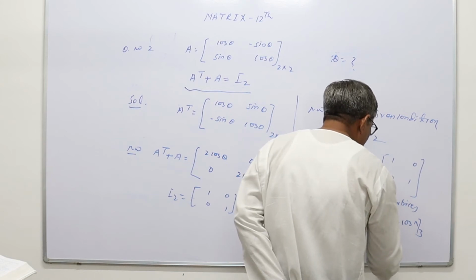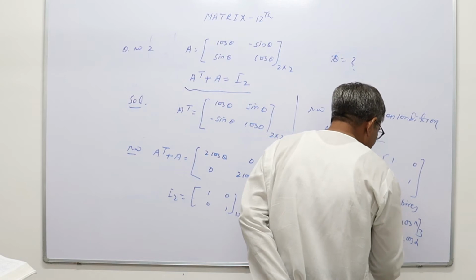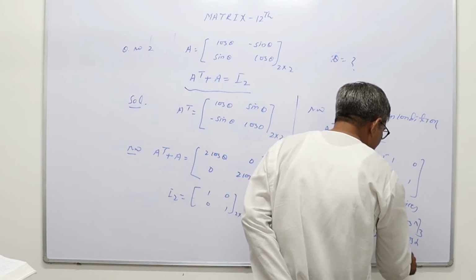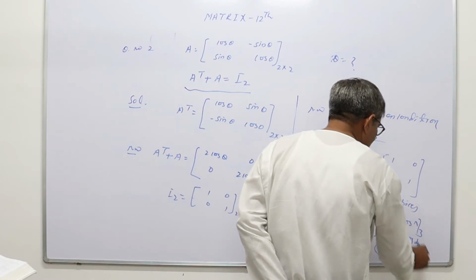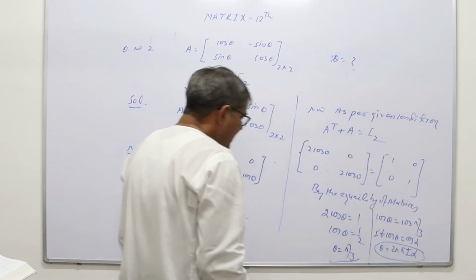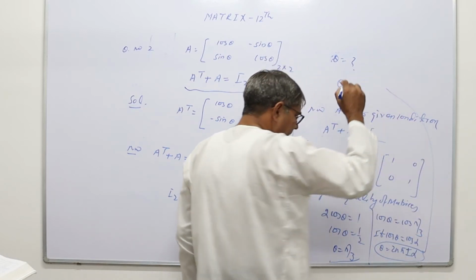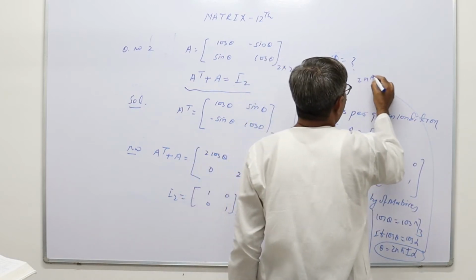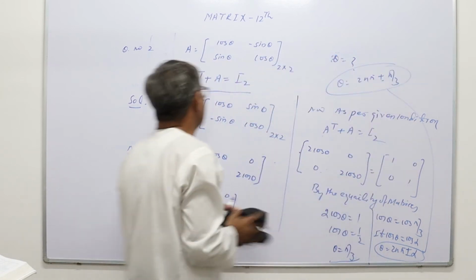So if cos theta is equal to cos alpha, then theta is equal to 2n pi plus minus alpha. This is the general solution. So in this case, theta will be equal to 2n pi plus minus pi by 3. This will be the general solution.